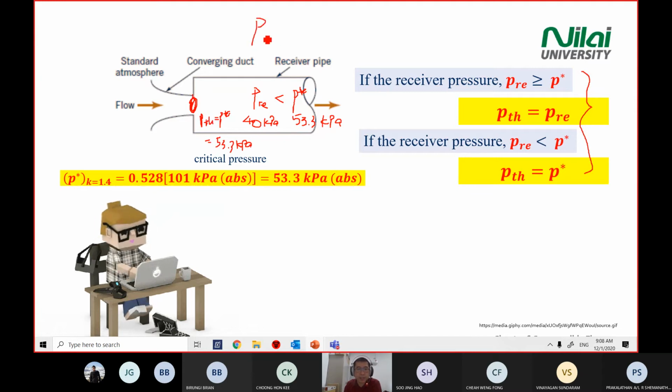Just now, the receiver pressure was more than your choke point. Let's say inside there is 100 kilopascal, your throat pressure will be 100 kilopascal. But if it's less than the choke point, then the throat will follow the choke point pressure.